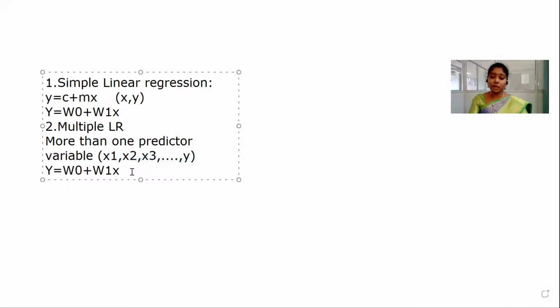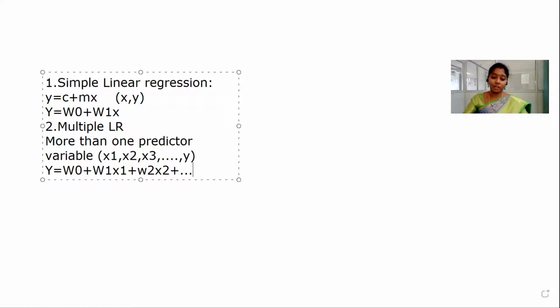So in such a case, how do we write the linear model? We can extend the line equation in this way: W1 x1 plus W2 x2 and so on. Yesterday we also saw that in simple linear regression we have a line, whereas in multiple linear regression we have a plane instead of a line.